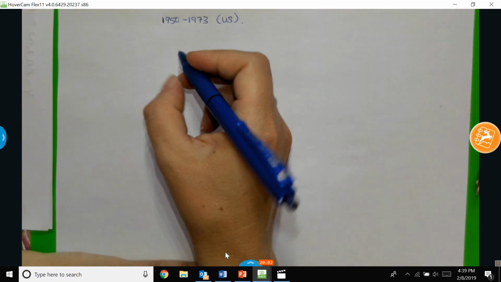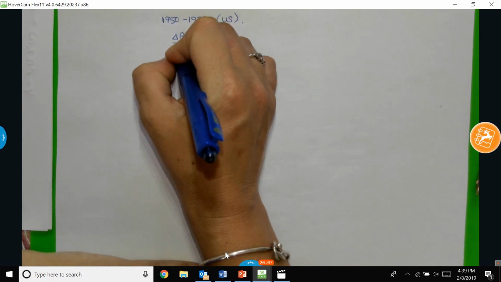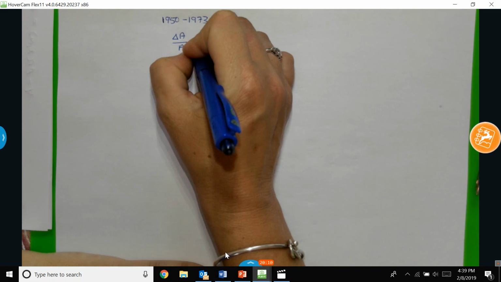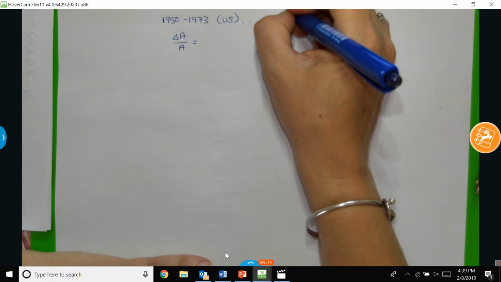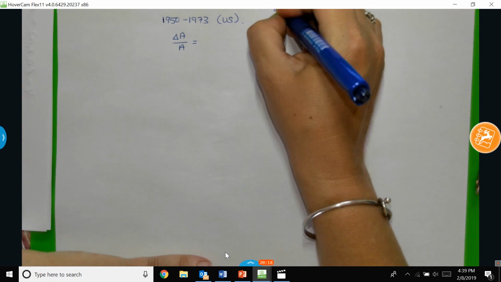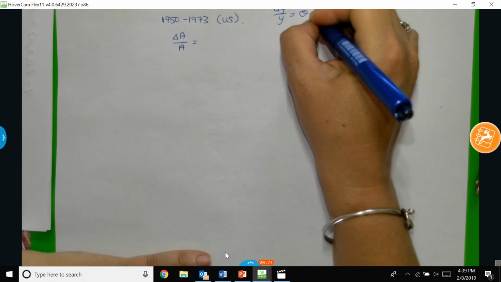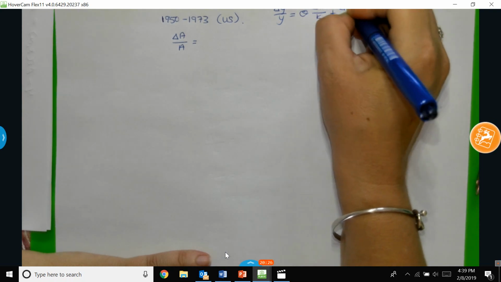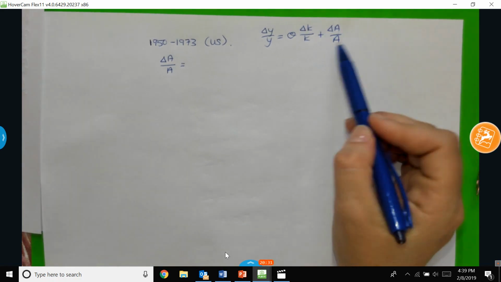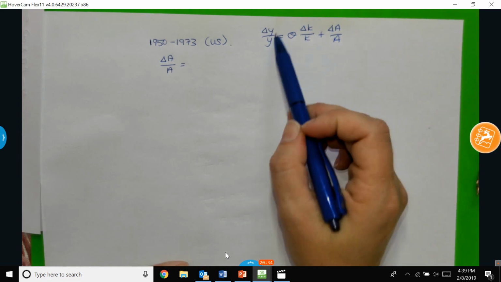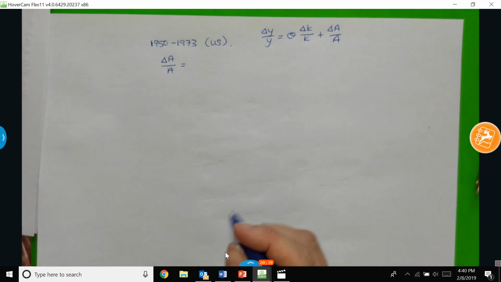If we wanted to use the figures in that table to work out how much technology contributed to the growth in total output per person, remember that our equation for the growth in total output per person is equal to theta, change in little k over k, plus change in A over A. So if we wanted to know what the contribution of technology was, we could simply rearrange the equation if we had the other data.